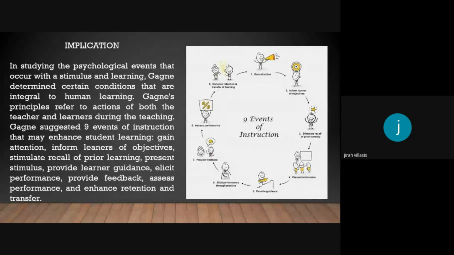And Gagne's principles refer to the actions of both the teacher and the learners during teaching. Gagne suggested 9 events of instruction that may enhance student learning: gain attention, inform learners of the objective, stimulate recall of prior knowledge, present stimulus, provide learner guidance, elicit performance, provide feedback, assess performance, and enhance retention and transfer. These 9 events were used to guide the structure of the medical surgical nursing course.